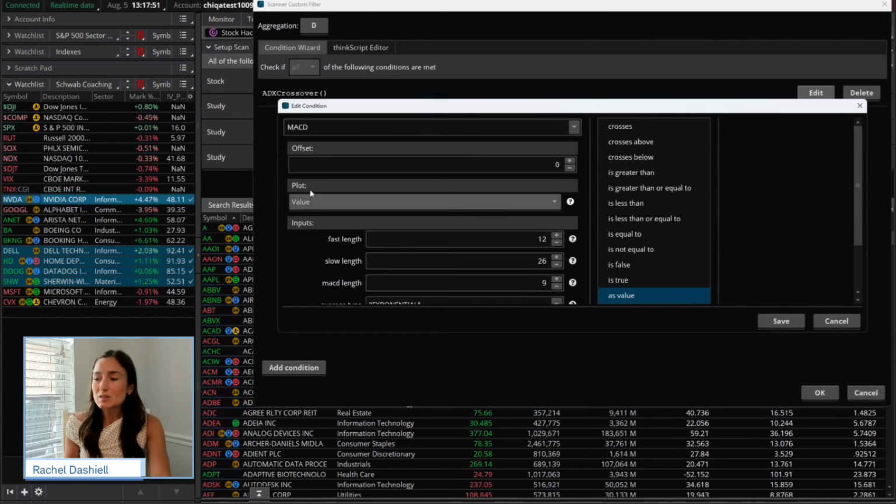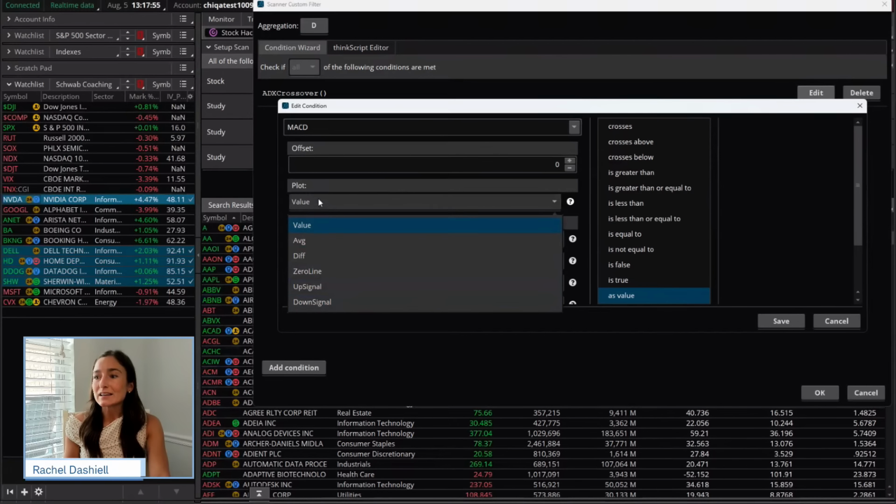And so what I'm going to do is take the plot. Now, to know what the plot is, you're going to have to look at the charts page. If you go to the edit studies window on your MACD, you'll be able to see the different plots at the bottom of that edit studies window. And so that's where you can double check this, but I already got this set for you guys, so you don't have to do that now.